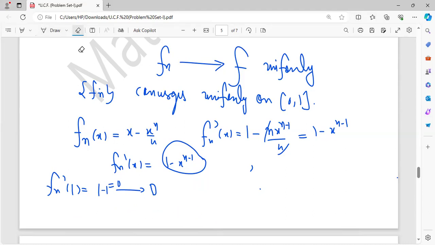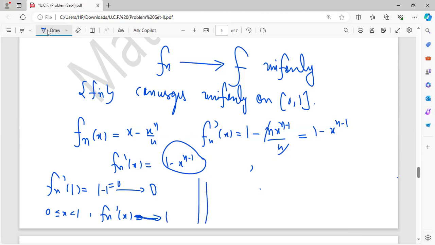Now if I take my x in this range, then what is f1 dash x? Because when x is between 0 and 1, x to the power n minus 1 will tend to 0, and this will tend to 1.